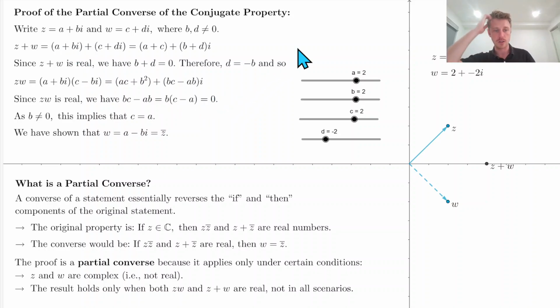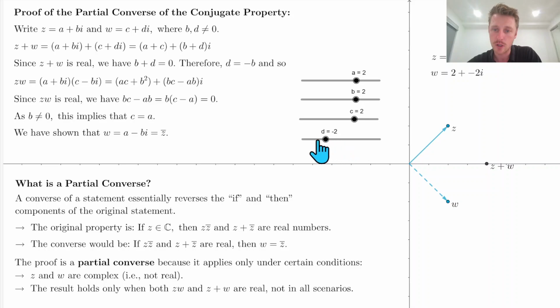Now, it's confusing. Well, I find it confusing. But let me explain in more detail. Basically, what it's saying is we've got some complex number z. If w is its conjugate, then z plus w and zw are real numbers, which is some of the properties we spoke about before.